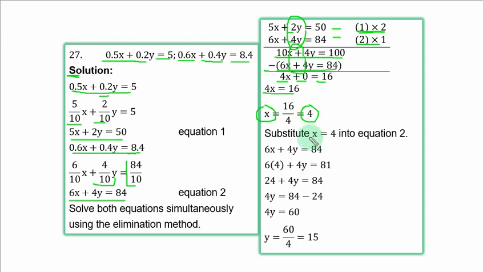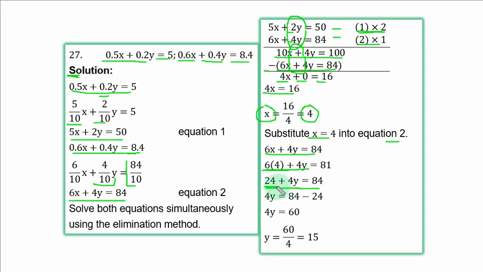To get y, you need to substitute s equal to 4 into any of the equations. I'm taking equation 2. This is equation 2. You replace s with 4 in this form, and that leads to 24 plus 4y equal to 84.